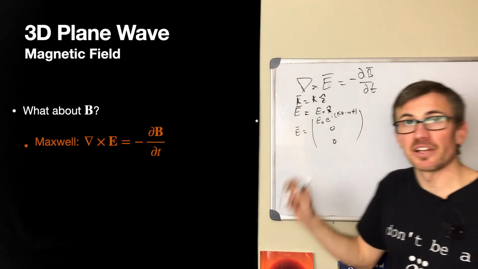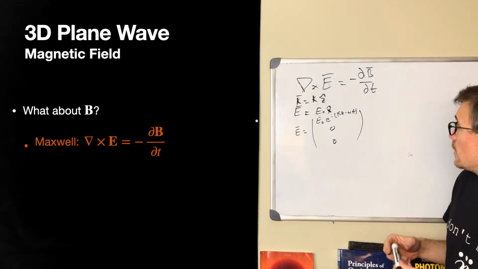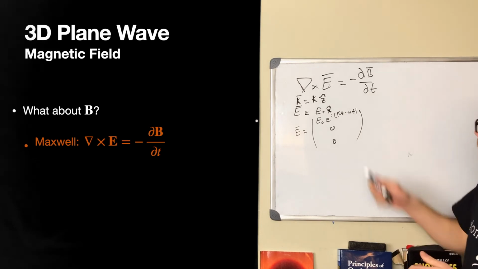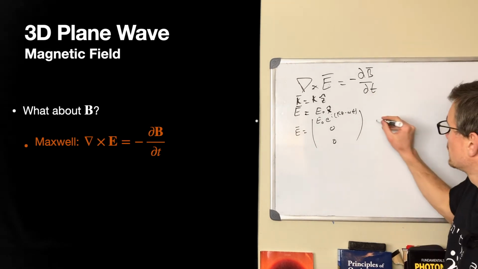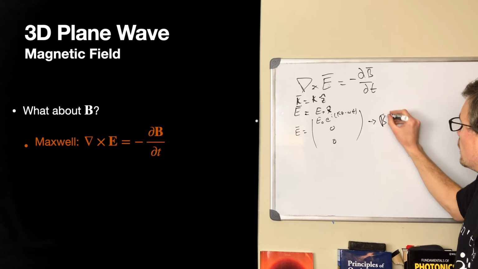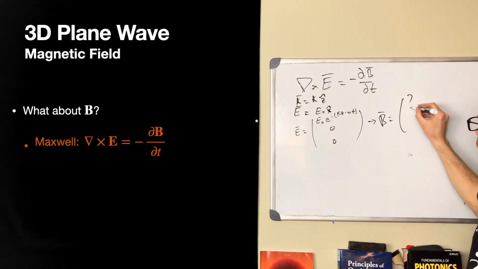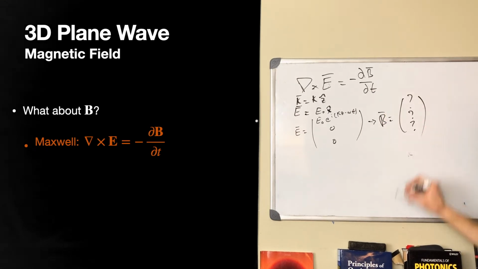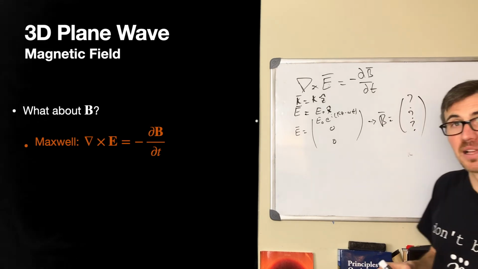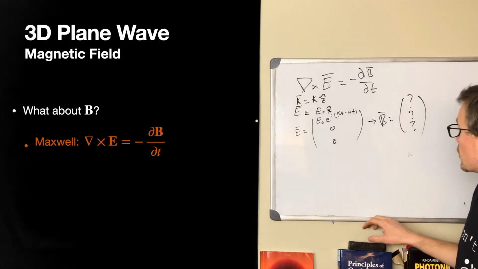So that's our electric field vector here. And the magnetic field is some vector. We don't know yet. So let's try to figure out what that magnetic field actually is.